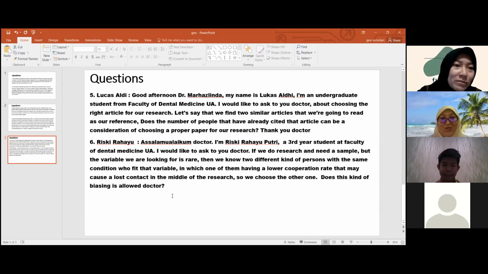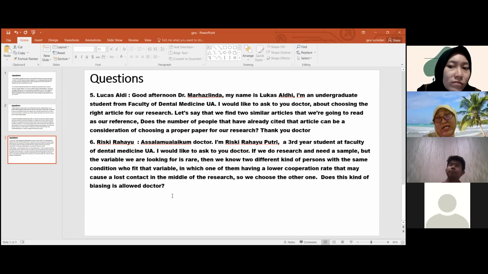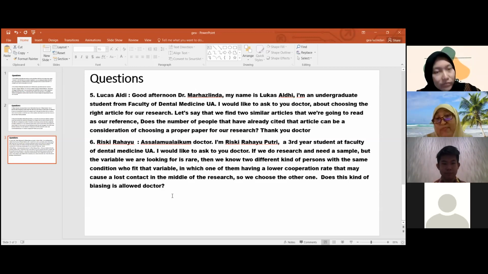Yes, that is the idea. Okay, it's a bit tricky. Why it can be used as a guide, but not necessarily that a highly cited paper is really a good paper. You still have to look at the methodology.